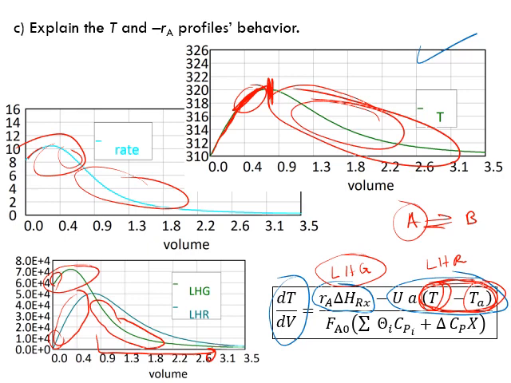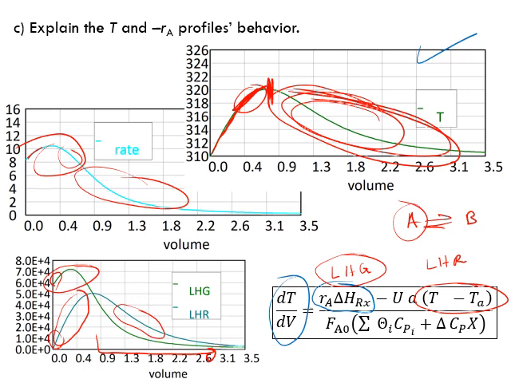Okay? Therefore, the localized heat generated is decreasing and it has a low value, lower than the localized heat removed. Which is also decreasing due to the decrease in the temperature inside the reactor. However, its value is more than the localized heat generated. Why is that? Because we have substantial heat transfer drive, which is the delta T, the temperature inside the reactor compared to the temperature outside the reactor.